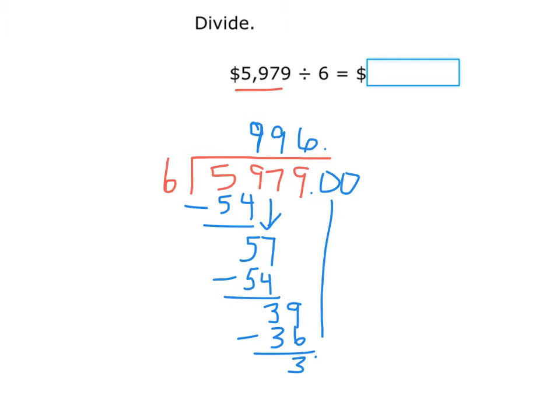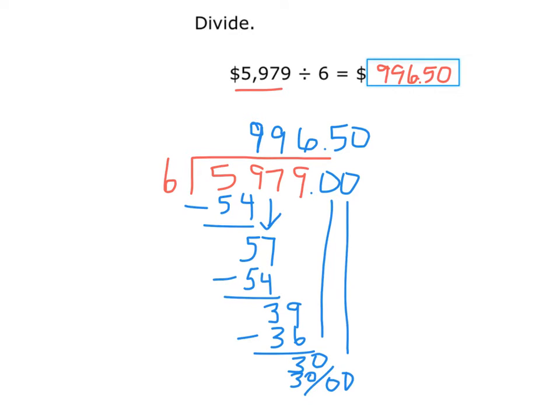Bring my 0 down. I have 30. 6 goes into 30 5 times, which is 30. Okay, and then I bring down my 0. 6 goes into 0 0 times. So my answer to this problem is $996.50. Make sure you got your decimal in there.